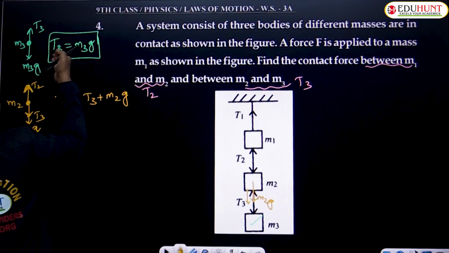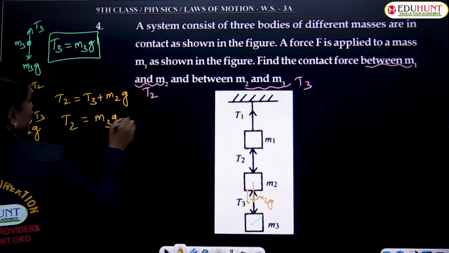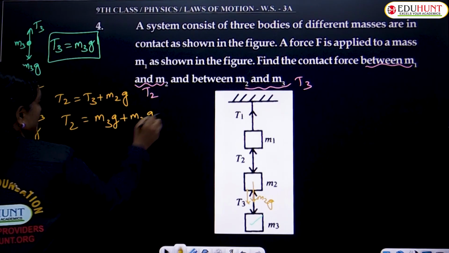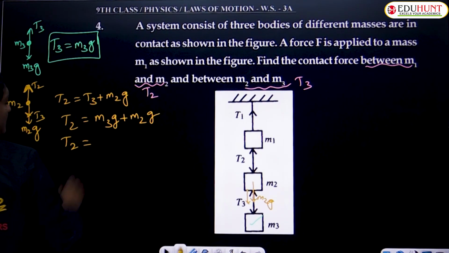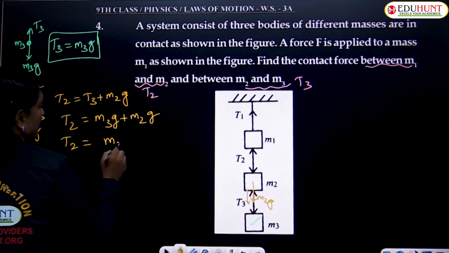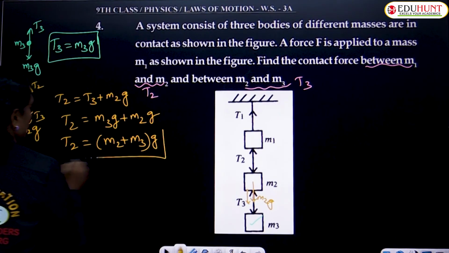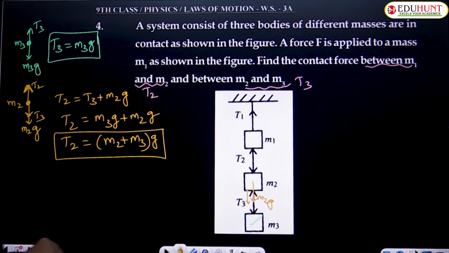But what is the value of T3? Just now we calculated it as m3g. So this is m3g plus m2g. Rearranging the terms, we can find the value of T2 by taking out g as common, and you are left with (m2 plus m3) times g. The value of tension is (m2 plus m3) into g.